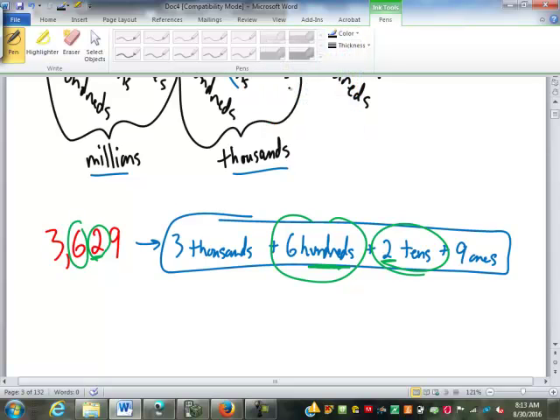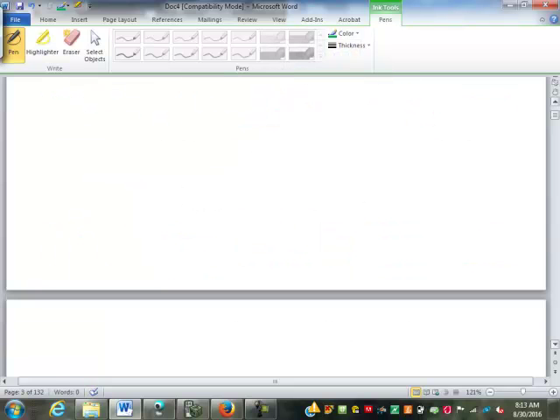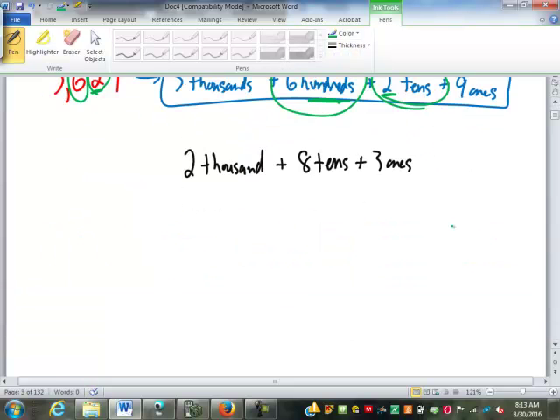Now, the other thing that we have to be careful about with these abbreviations is, let's say I give you the expanded number 2,000 and 8 10s and 3 1s. What's missing there? Hundreds. There's no hundreds. Oops. Go back here.